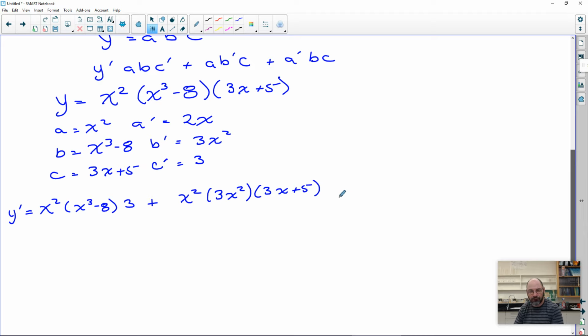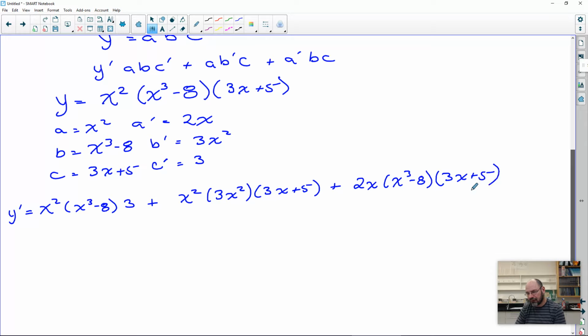And finally our last one here, plus a prime, which is 2x, b, which was x cubed minus 8, and c, which is 3x plus 5.